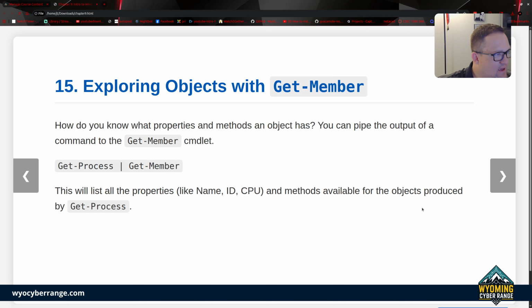For instance, if we did Get-Process and we pipe it to Get-Member, this will show us all of the process object and give us all the properties such as name, ID, CPU utilization, and then we can also do things like sorting, filtering, or reporting on those objects. So if you don't know how to handle what the output of a command is, you can always pipe it into Get-Member, and it's a great way to understand what is inside that object so I know what I can do with it.